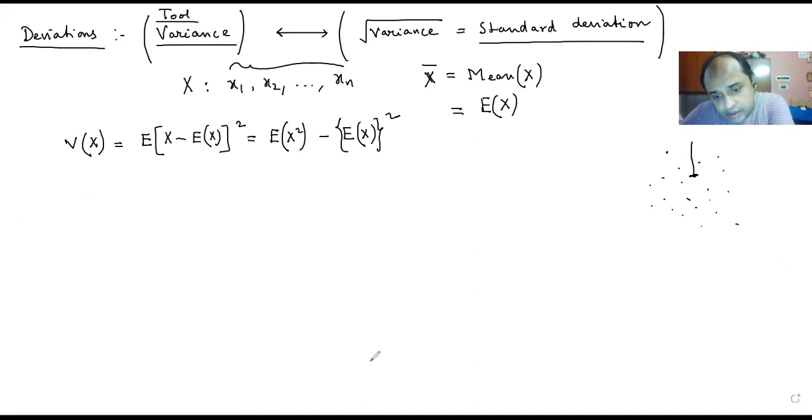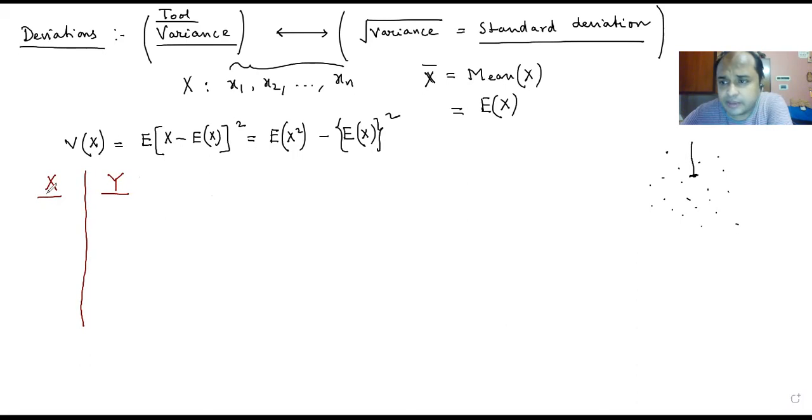Now suppose instead of a single discrete variable x, we have two random variables x and y. Now you can do three things to the given system.